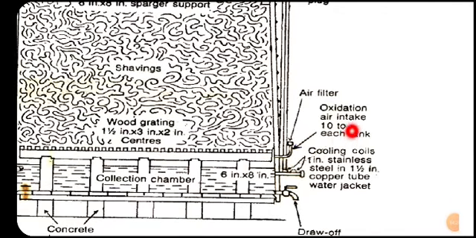For the provision of oxygen, there are pipes. These pipes have an air filter. Through this, sterile air will be passed inside the chamber, and it will serve as a source of oxygen. So air is circulated, and for the provision of sterile air, there are air filters.